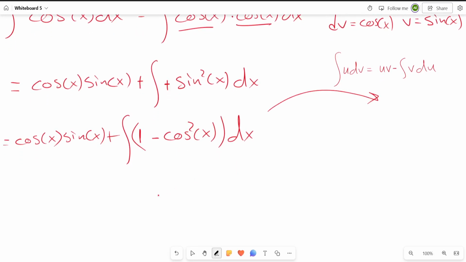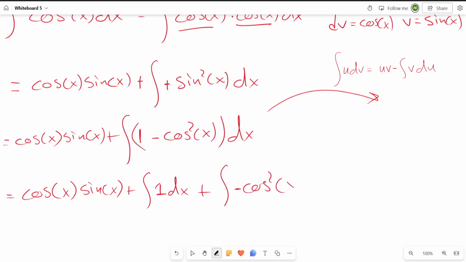And then now what I can do is I can rewrite this as plus integration. I can split this integration, so I will integrate the 1 dx alone, and adding to that integration of negative cosine squared x dx alone.